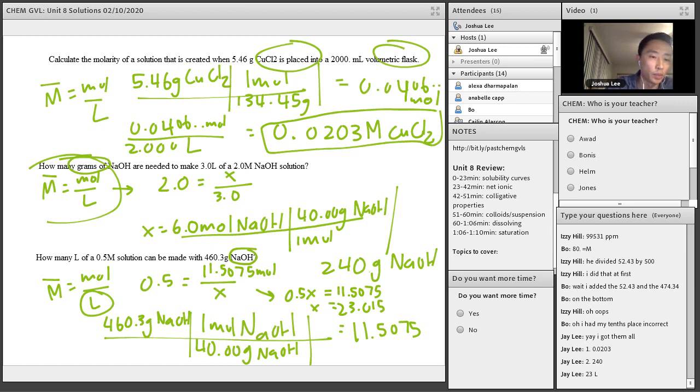This one's weird because I made this 1 sig fig. So technically the answer would be 20 liters, just based on sig figs. But let's pretend I made it 0.50 molar. So it'd be at least 2 sig figs. So then it'd be, like Jay said, 23 liters.